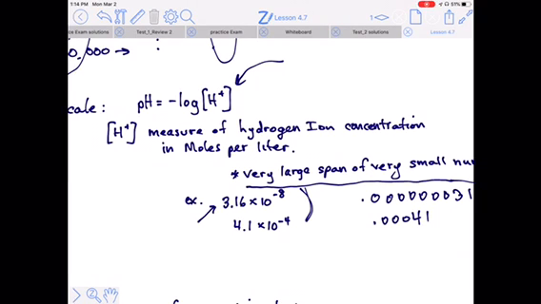It takes a span of numbers like these two numbers into a span between 0 and 14, 7 being neutral. Numbers less than 7 on the pH scale are acidic, and numbers greater than 7 on the pH scale are basic or alkaline.